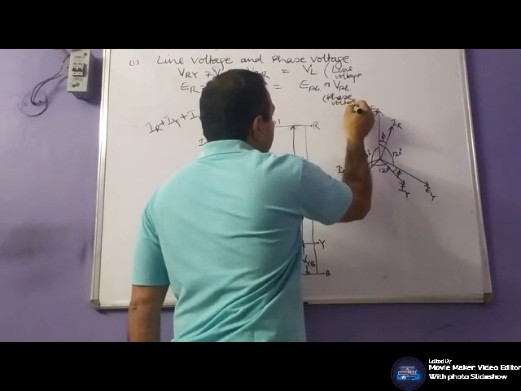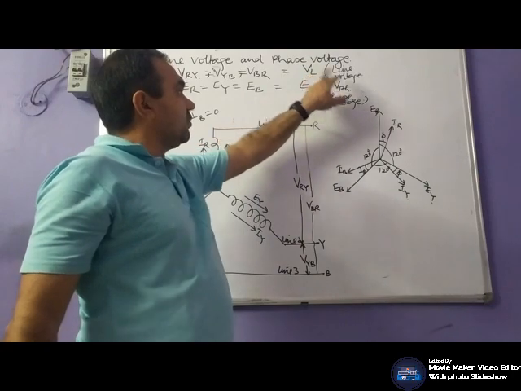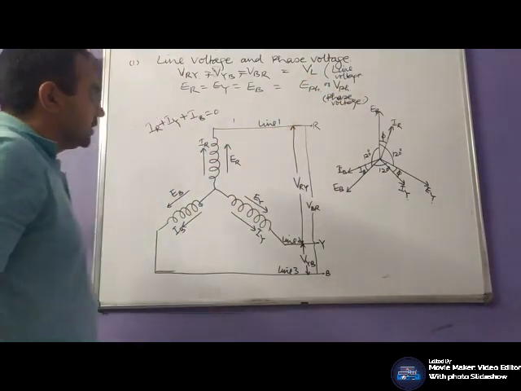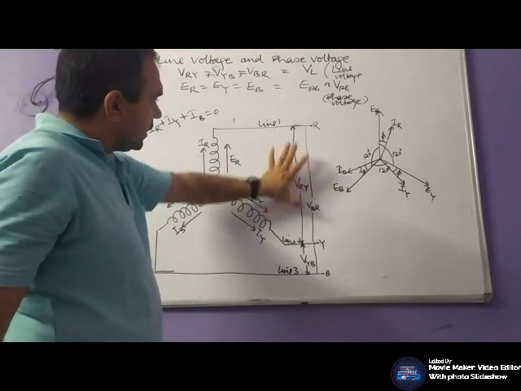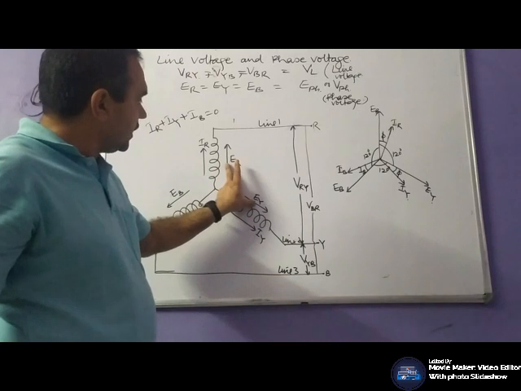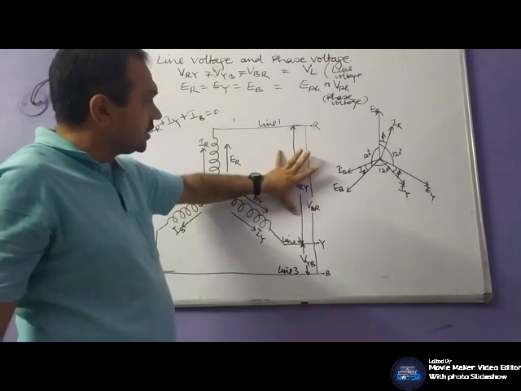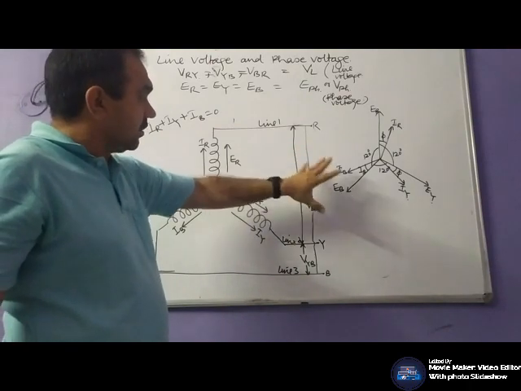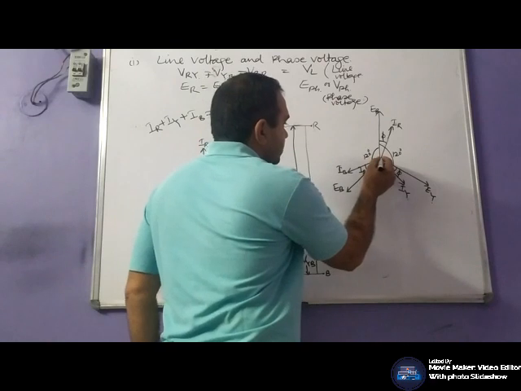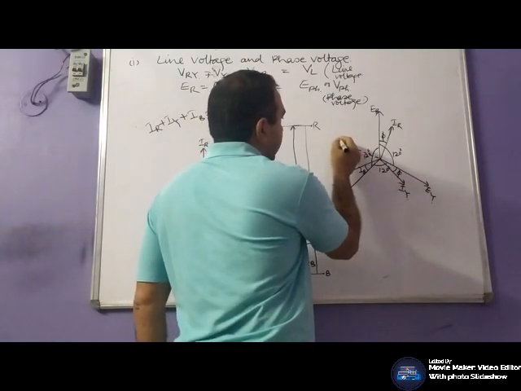We have to observe the relationship between line voltage and phase voltage in case of star connection. VRY is the voltage between this. So here they are in opposite direction. So their voltage would be the phasor difference. So how will you represent it between R and Y? We take the phasor difference, extending this phasor in the opposite direction.